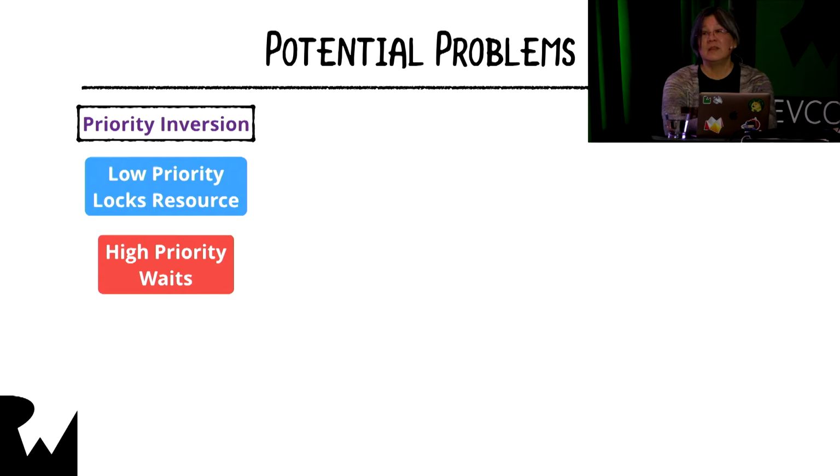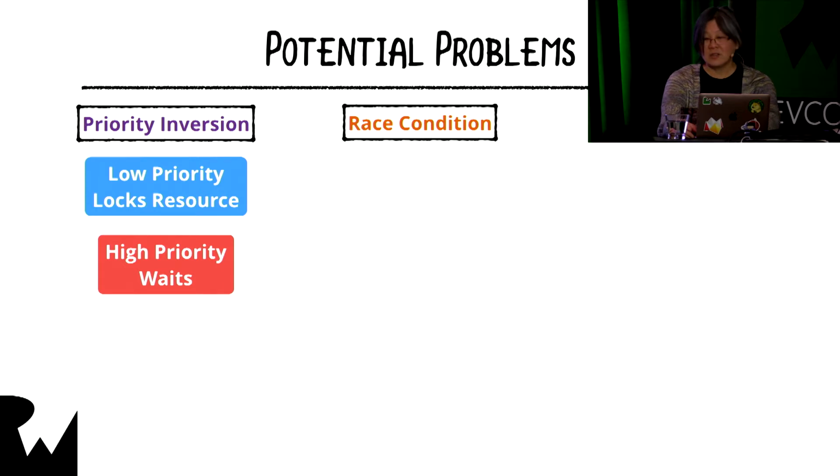Apple's solution is to promote low priority tasks when a high priority task enters the queue. The high priority task still has to wait, but the lower ones get to go faster and they release their resources sooner.